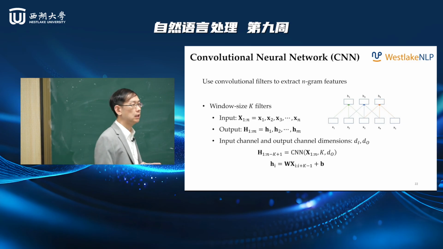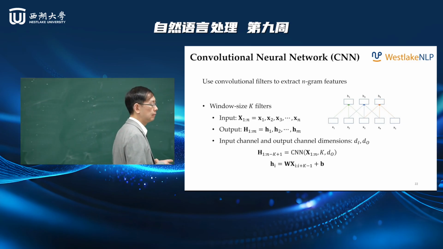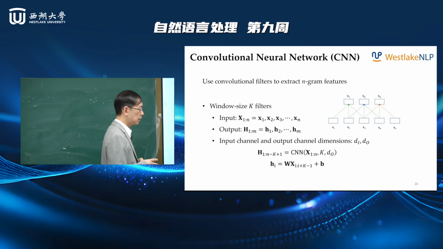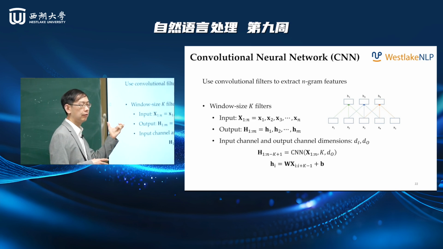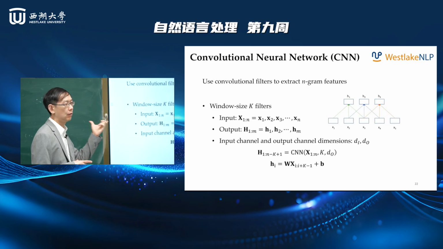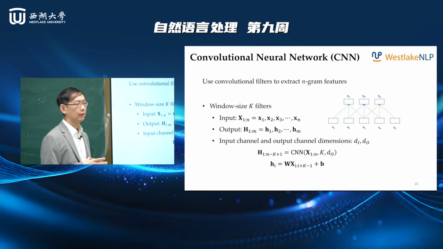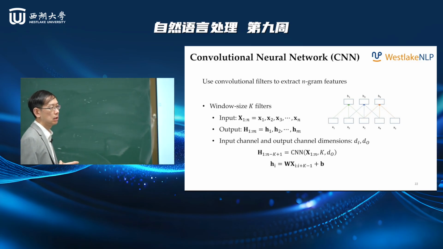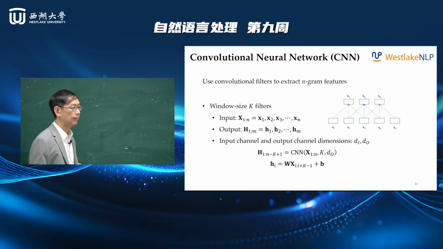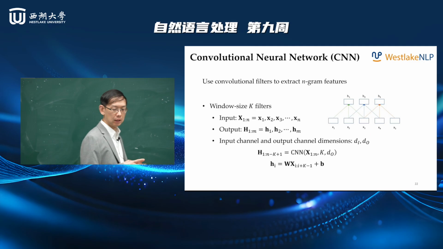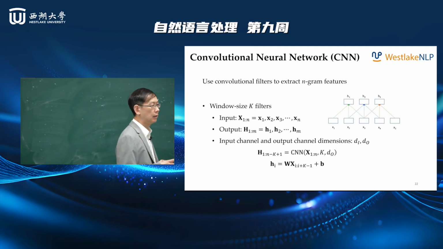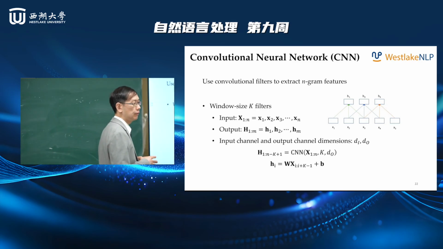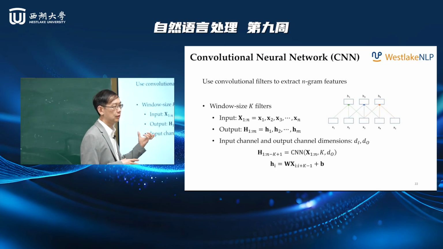And you can see that the neural network works by taking a sliding window of k equals 3, from left to right. For each sliding window, we basically calculate a representation of the k-gram the window covers.